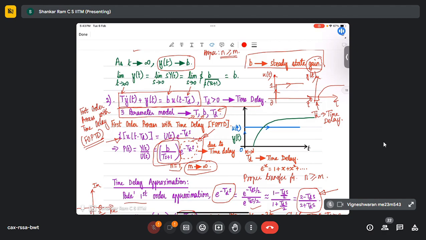So what you and I are saying is that we do know that this is going to result in an improper transfer function, but we essentially choose a lower order approximation of this and we work with it. That's what we are doing.